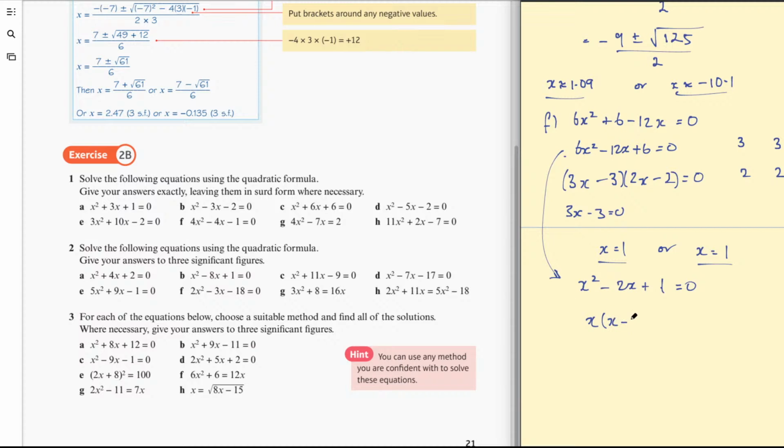Actually, okay. I'm not sure. I feel like there's something else that we could identify there, but it's slipping my mind. So anyways, just one solution there for that one. So if you get two of the same, you can just say x equals 1. And we're done for question 3.